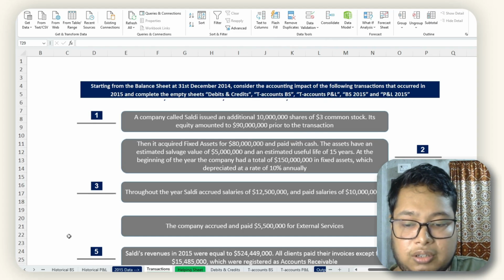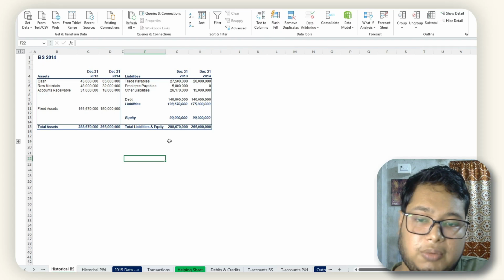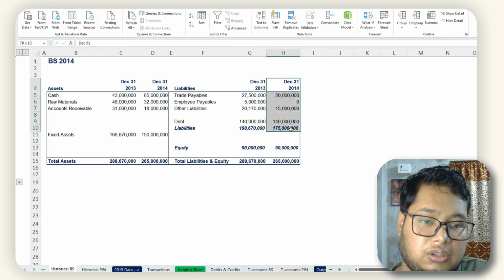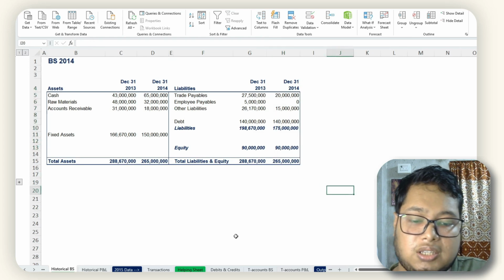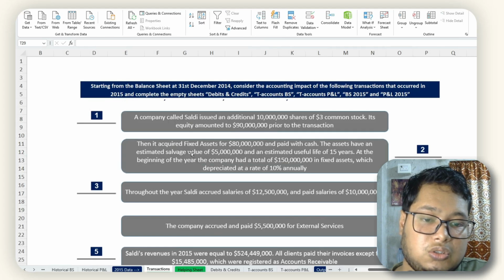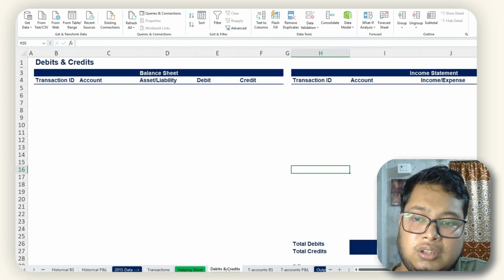Okay, I got it. If we check the balance sheet for 2014, this company's equity is $90 million as per 2014. So that's right. Now the equity has increased because we have raised some shares, so the cash will increase and equity will increase.